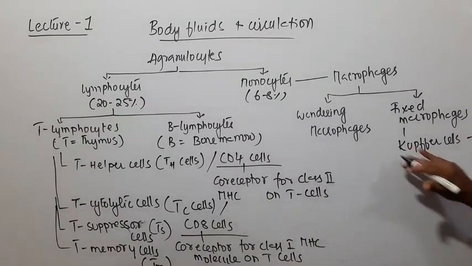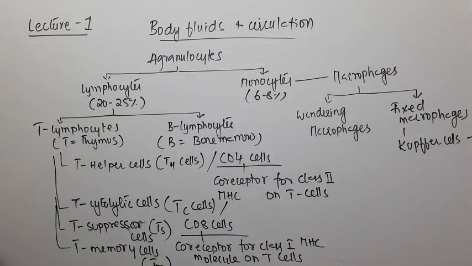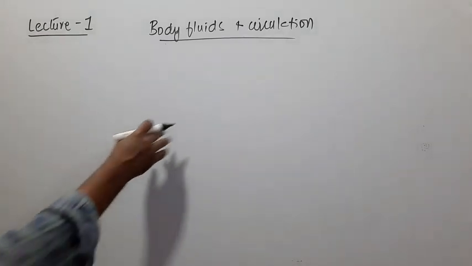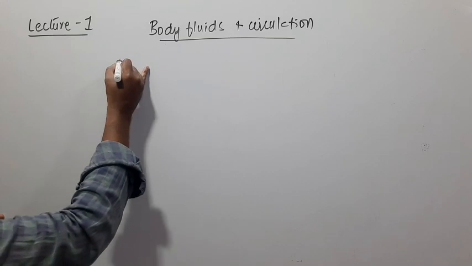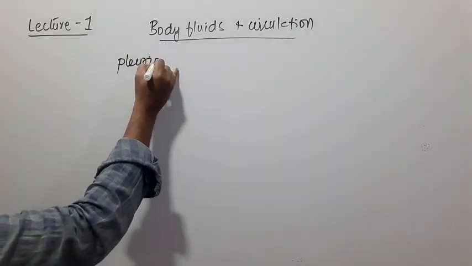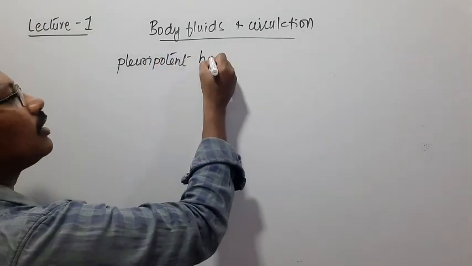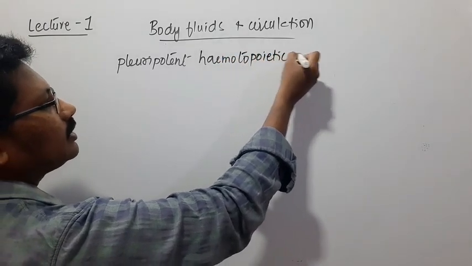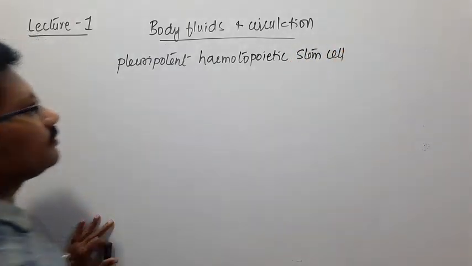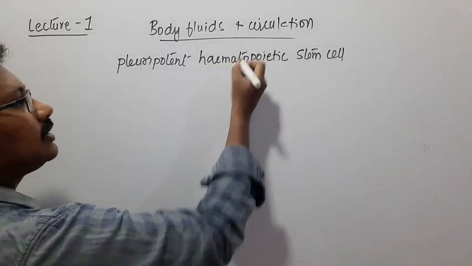So that's a brief idea of all those components of blood. Here, all these blood cells are formed from a single mother cell, what we call the pluripotent hematopoietic stem cell.